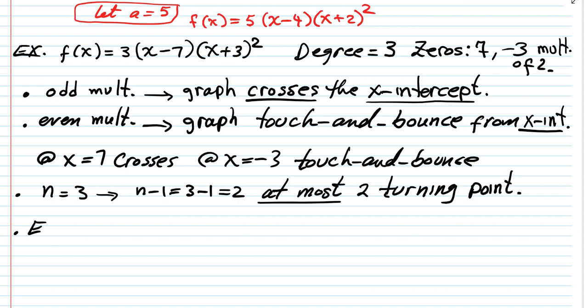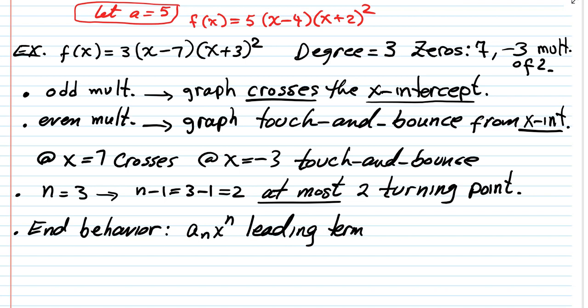And let me throw the end behavior now on this. We're getting ready to go to the next section where we actually graph them, and all of this information that I'm writing right now will help us graph these. The end behavior will be the same as a_n x to the n, the leading term. Right? And what is the leading term here? The leading term is going to be the same as 3x cubed. Now, why is that? This is a third degree polynomial, right?